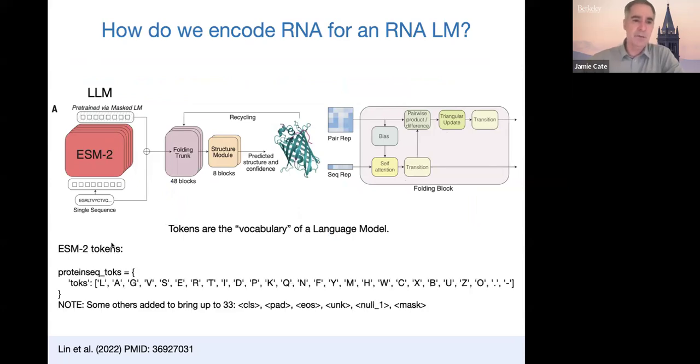Basically, ESM2, if you look under the hood, has tokens for all the amino acids plus a few extra things, and it also includes a few special tokens in its language model. But basically, all these tokens are just lookups for high dimensional vectors that represent that amino acid.